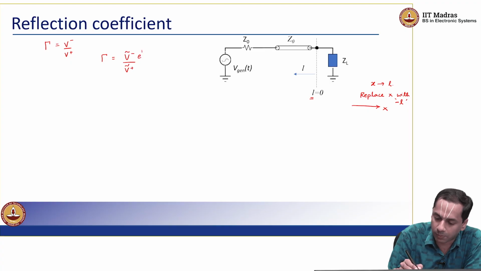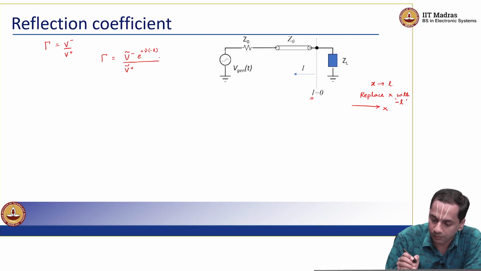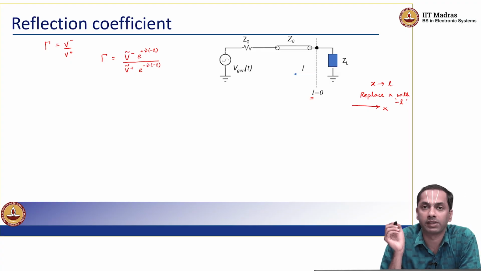So remember, this was plus gamma x, which I am going to replace with minus l. Right. So at steady state, we will notice that the V plus and V minus phasors are changing.